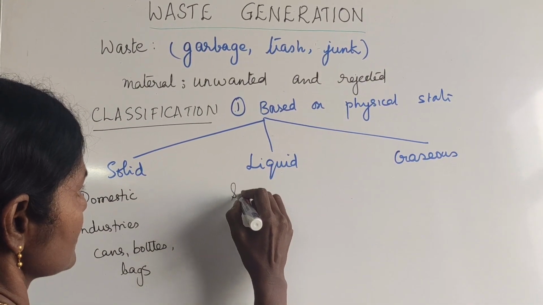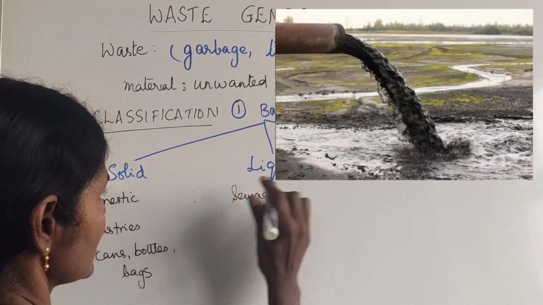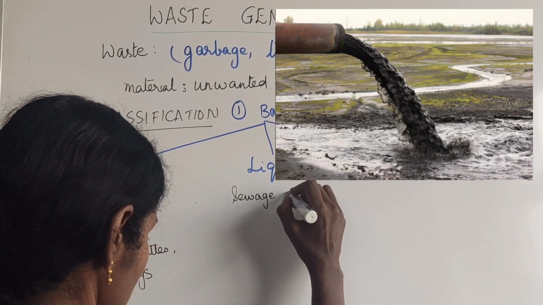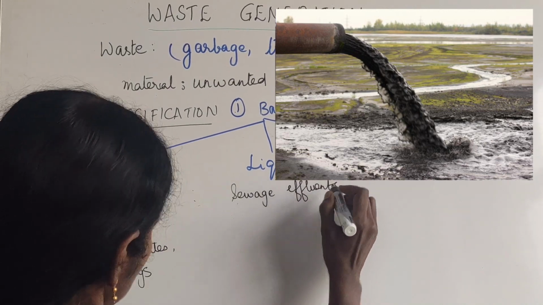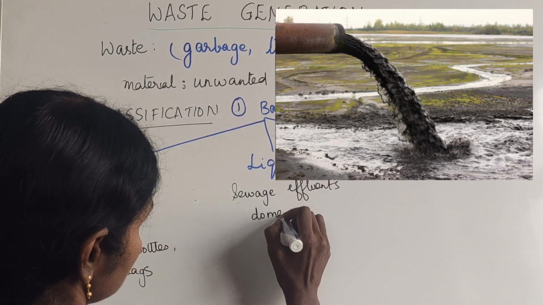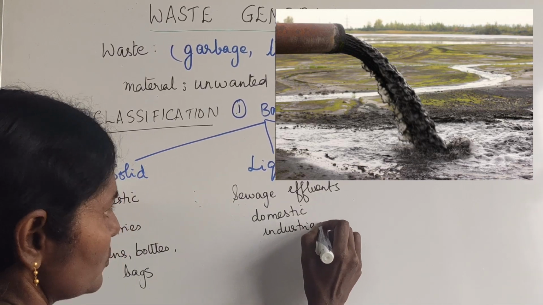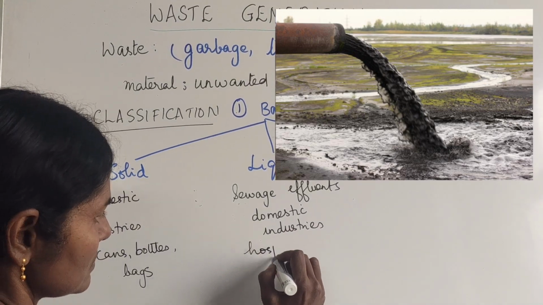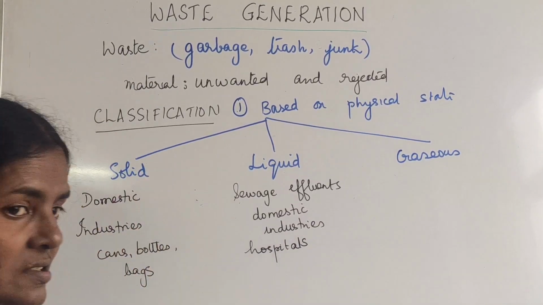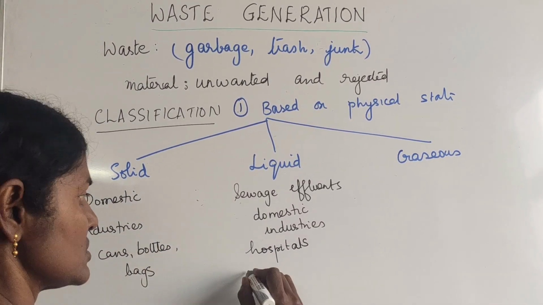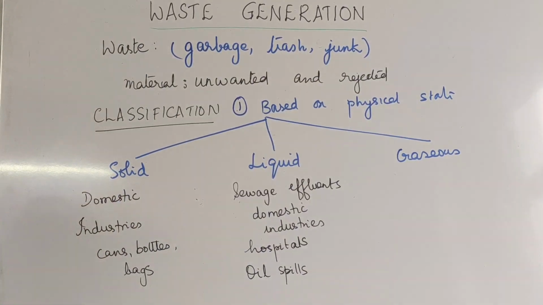Liquid waste are sewage that comes from the domestic side, from homes, and industries. Then you have waste from hospitals. All these come under liquid waste. Then there is also, in the ocean nowadays, oil spills. These are all liquid waste.